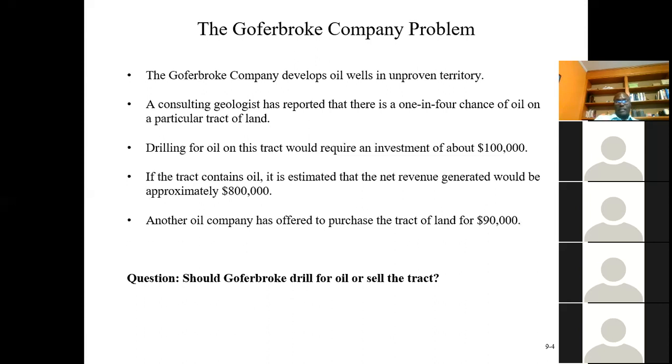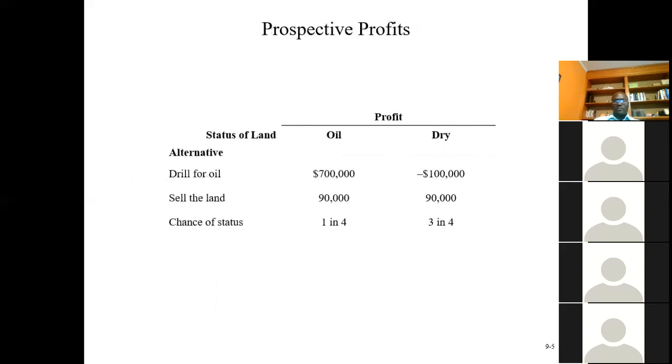At the same time, a second option available to them is that a company is willing to purchase that tract of land for $90,000. So this is a very basic but typical type of decision analysis problem. You have competing options available to you, and you want to make the best possible choice given those options. Okay, so let me move on.